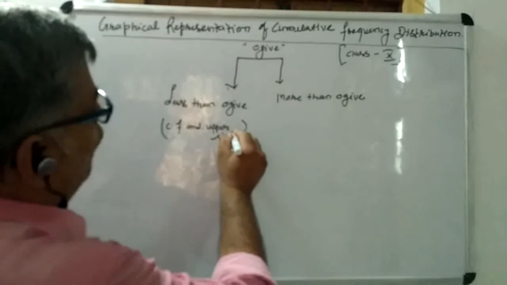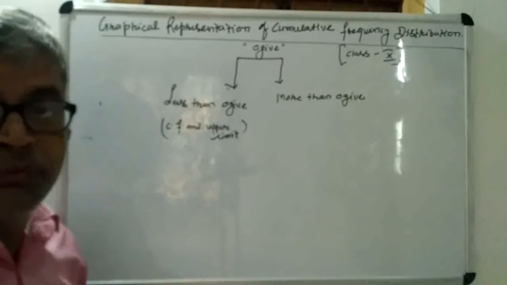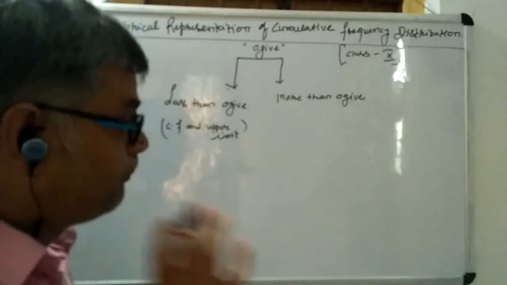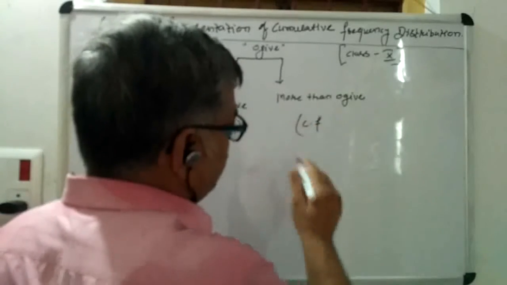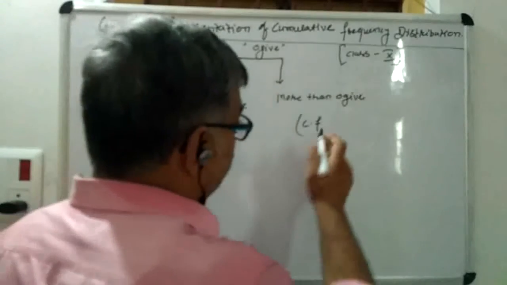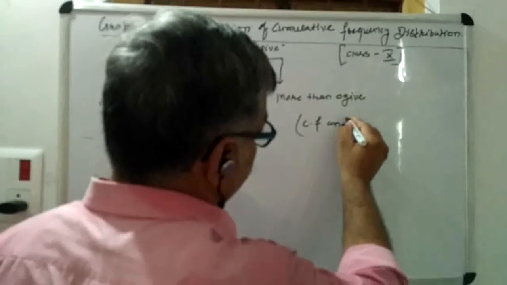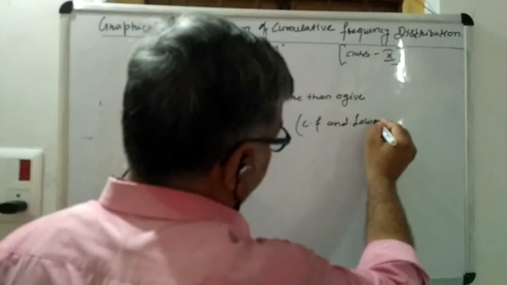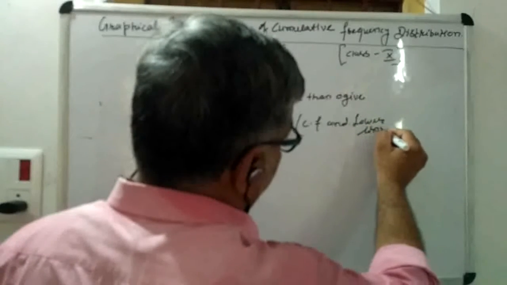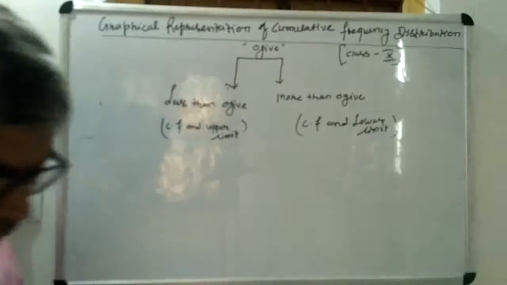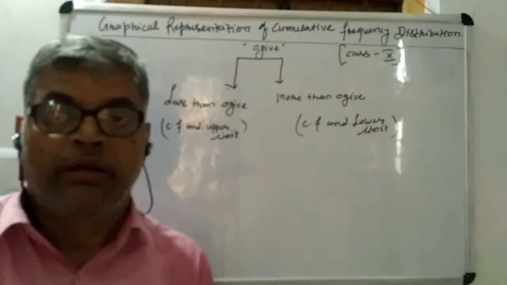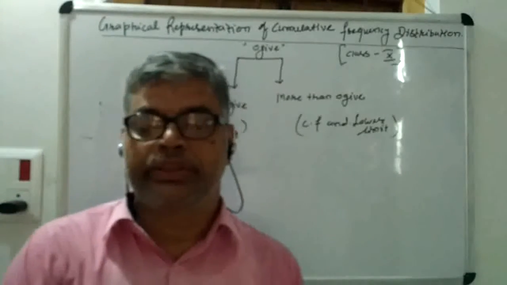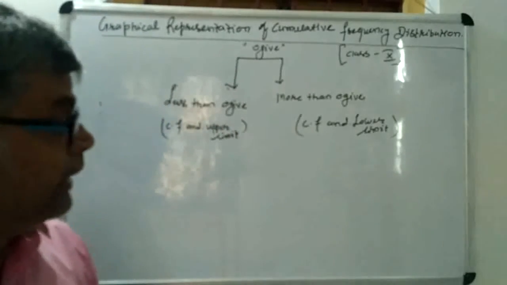And in more than ogive, we always draw the graph between cumulative frequency and lower limit. These are some basic points which you have to keep in your mind.